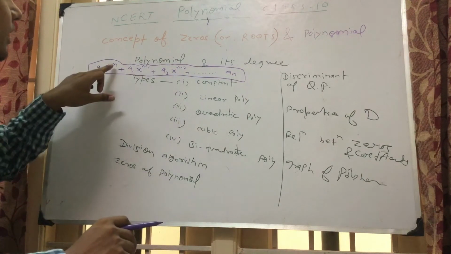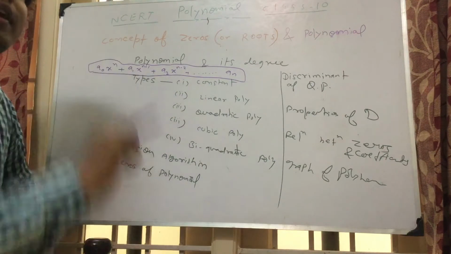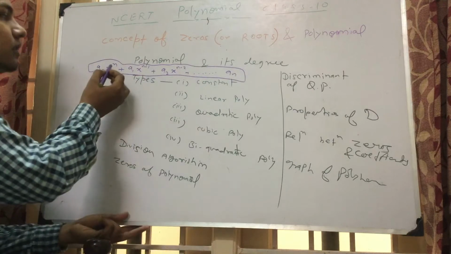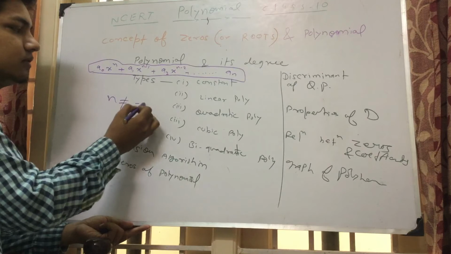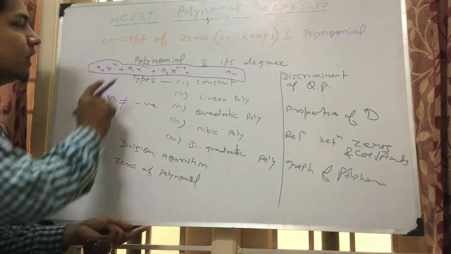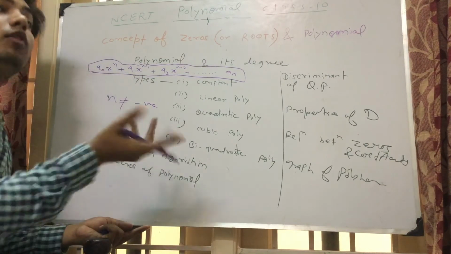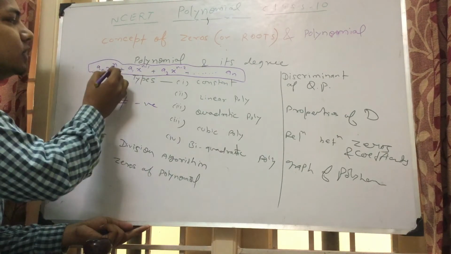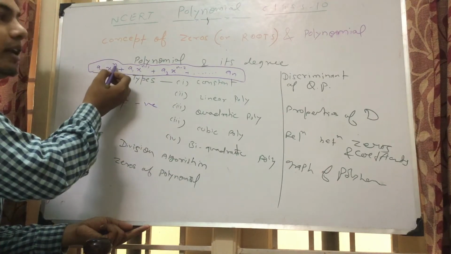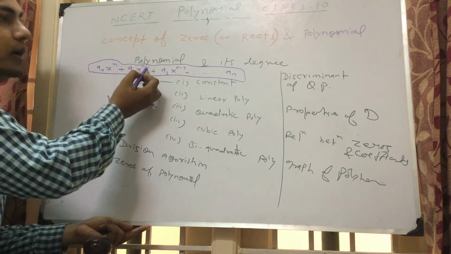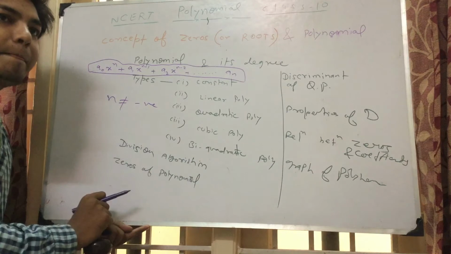Now you see, these powers cannot be negative. It means n cannot be negative. Suppose n were negative, what's wrong? Suppose n is minus 2, then the power here will be minus 2, and here minus 2 minus 1, minus 3. So the powers are negative, that's why n cannot be negative.